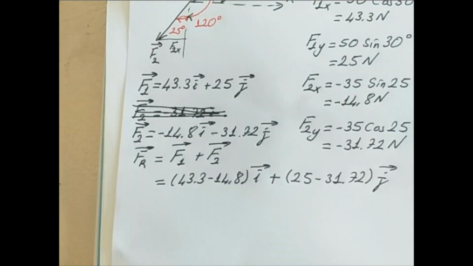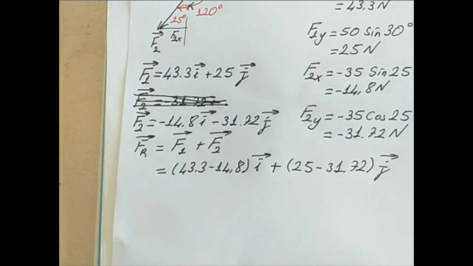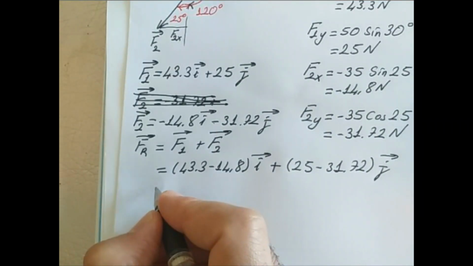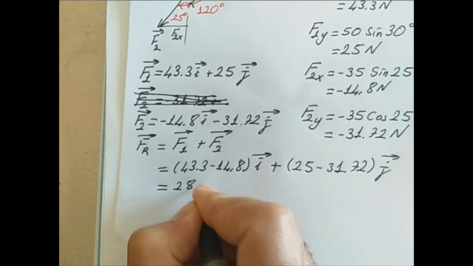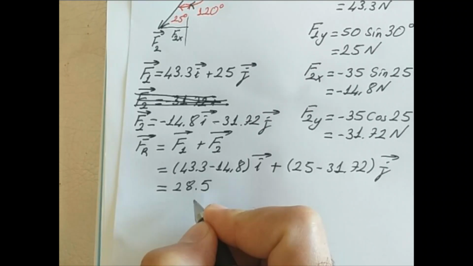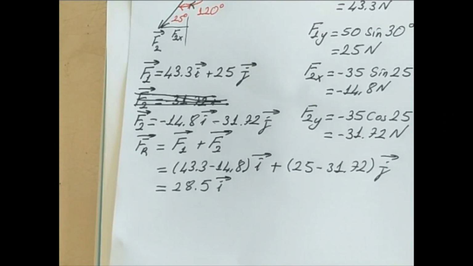Now we can easily calculate the values. This gives us 28.5 i vector minus 6.72 j vector.